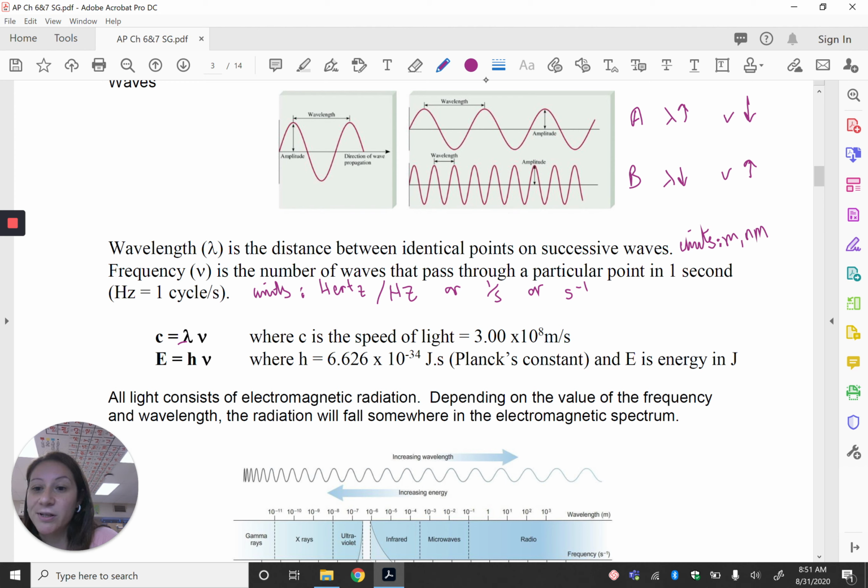In terms of frequency, that should be a really big number, usually close to 10 to the 14th or so in magnitude, because again, this is a light wave, so it's going to happen very, very frequently because it's very, very fast. And then in terms of energy, that's a light wave, and so your answer in joules here will be very, very small, typically in 10 to the negative 19th magnitude.